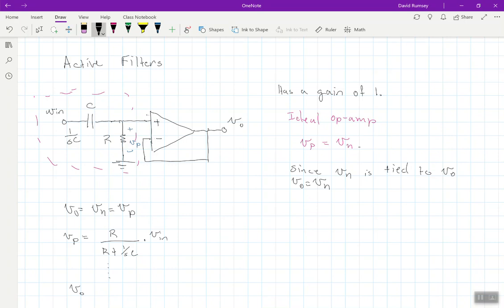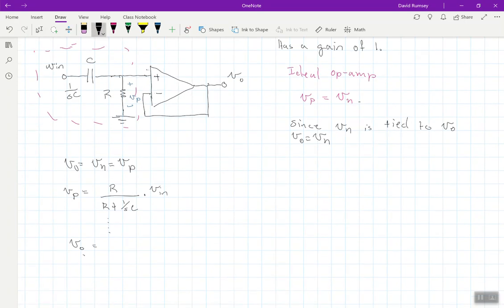Then doing some algebra that I'm going to skip because it's essentially the same that we've done in another one, we get that V out over Vn, which is my voltage gain, is equal to S over S plus 1 over RC.